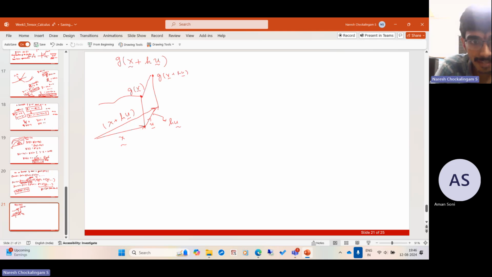Now, this difference between g of x plus hu and g of x has a term that is proportional to h, and it also has terms that are higher order in h. Basically, those terms go to 0 faster than h. Can we find what it is? So g of x plus hu is x plus hu dot producted with itself.